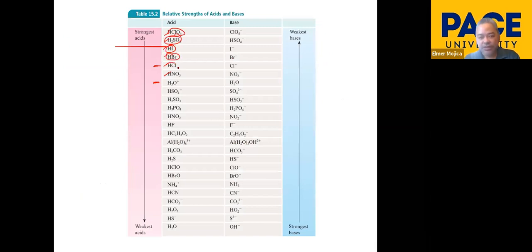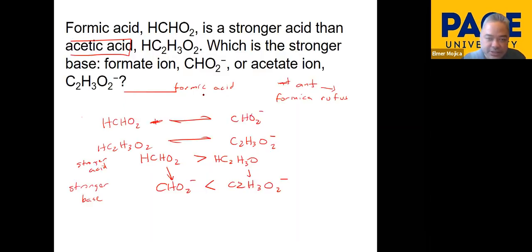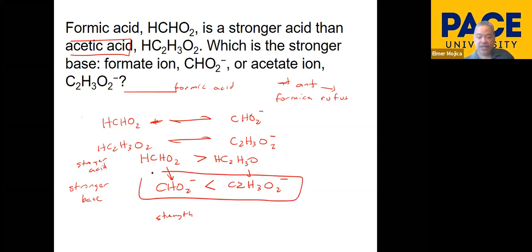Or we could say, what are the factors that affect the strength? So that you don't need to memorize the table that I have shown to you. So the answer is this one there: the acetate ion is a stronger conjugate base compared to the formate ion. That's the answer.